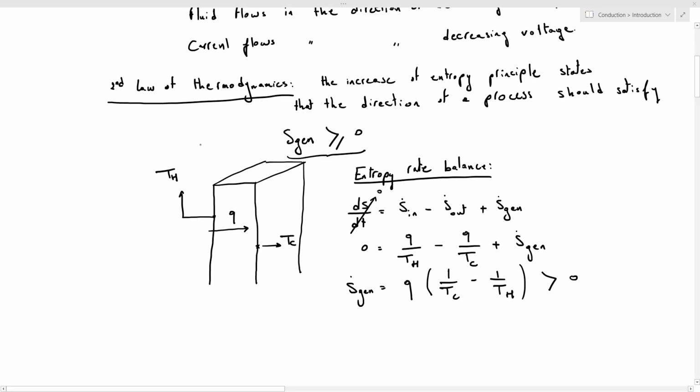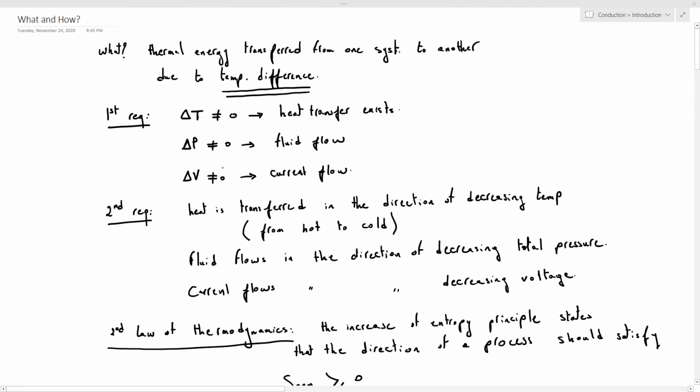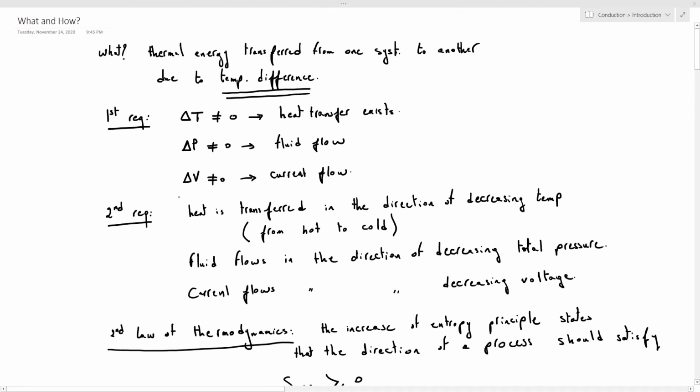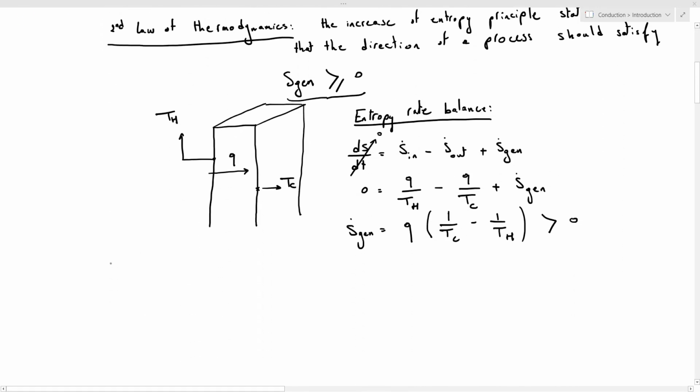Even if you don't remember the second law of thermodynamics, you should accept these two requirements: delta T should be different than 0 for heat transfer to occur, and heat is transferred in the direction of decreasing temperature, from hot to cold.